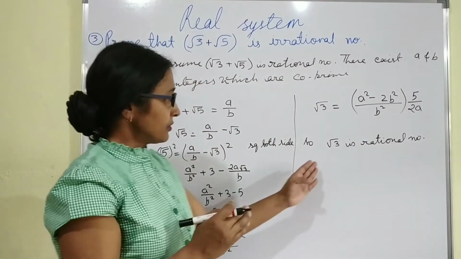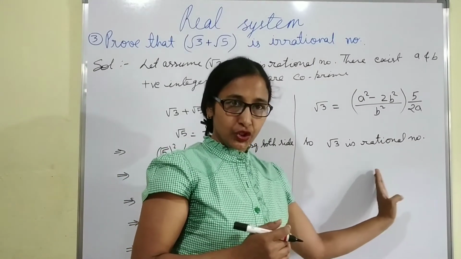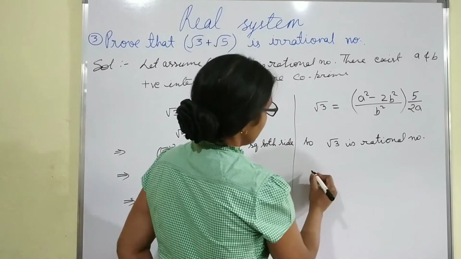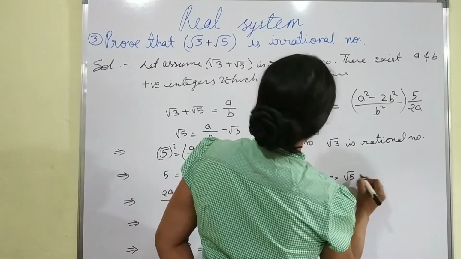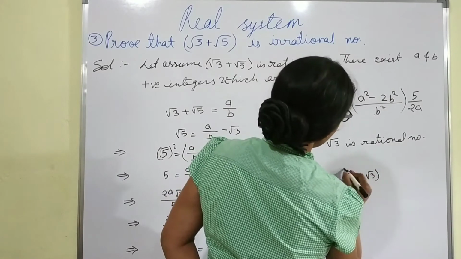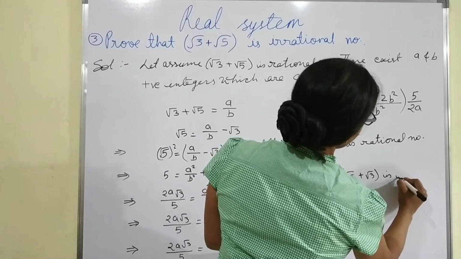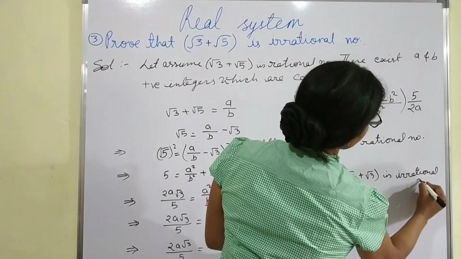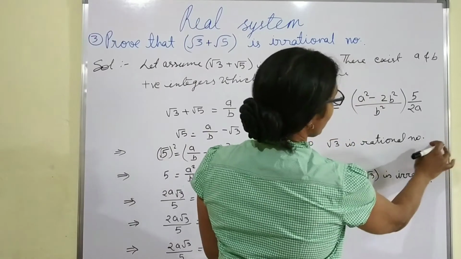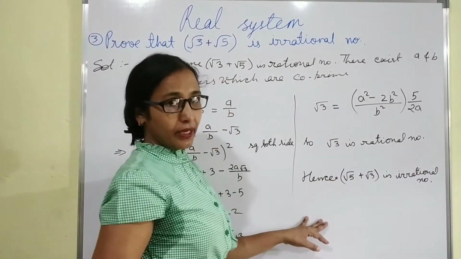So, rational number, then it contradicts, our supposition is wrong. Hence, root 5 plus root 3 is an irrational number. Don't forget to write these 2 lines between this and this. Okay?